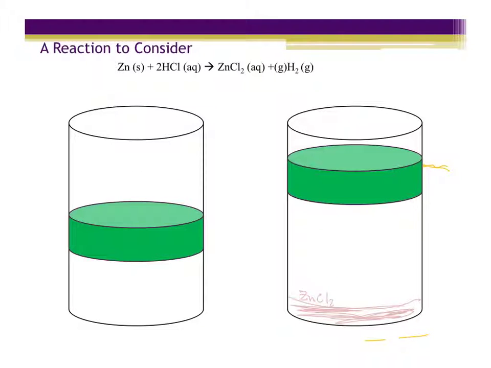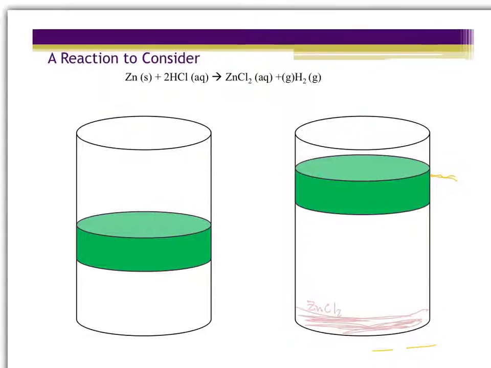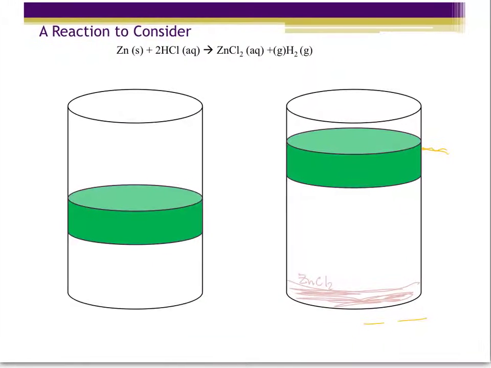A quick illustration of this is to consider a chemical reaction. Let us consider the reaction of zinc solid. We'll use this little pile of powder that I'm trying to draw here to represent zinc solid that we put in a reaction vessel.